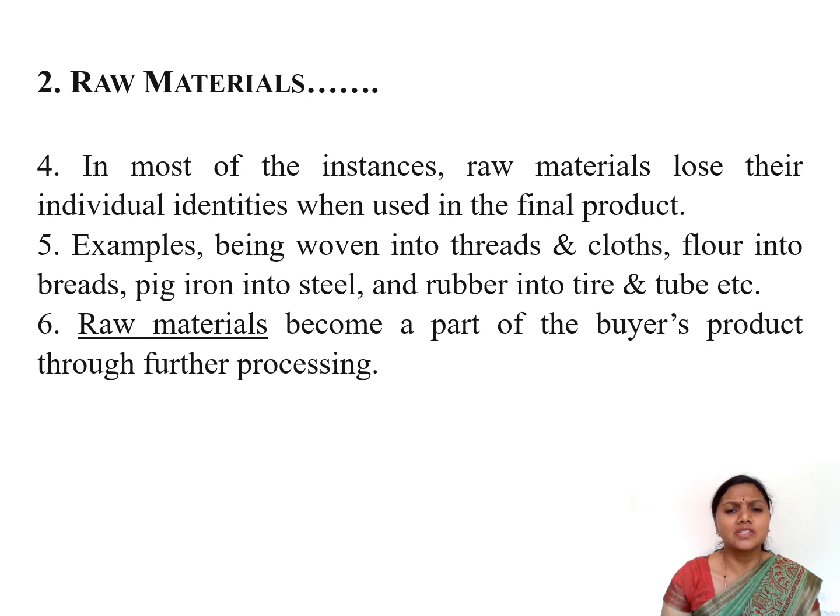In most of the cases, raw materials lose their individual identities when they are used in the final product. So, in the process of production of another product, these raw materials usually lose their original identity.